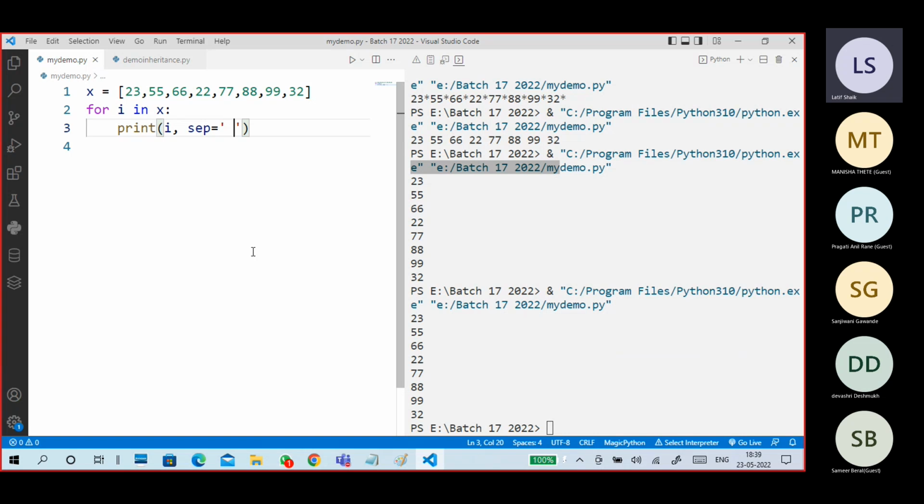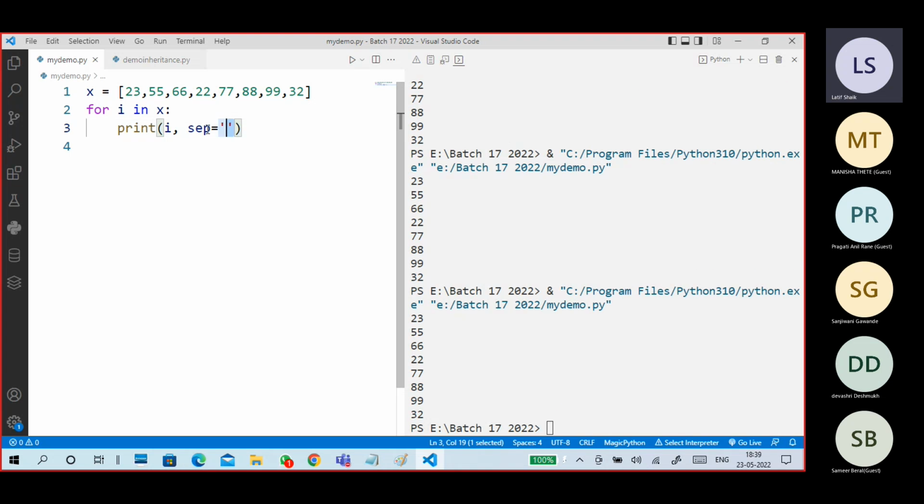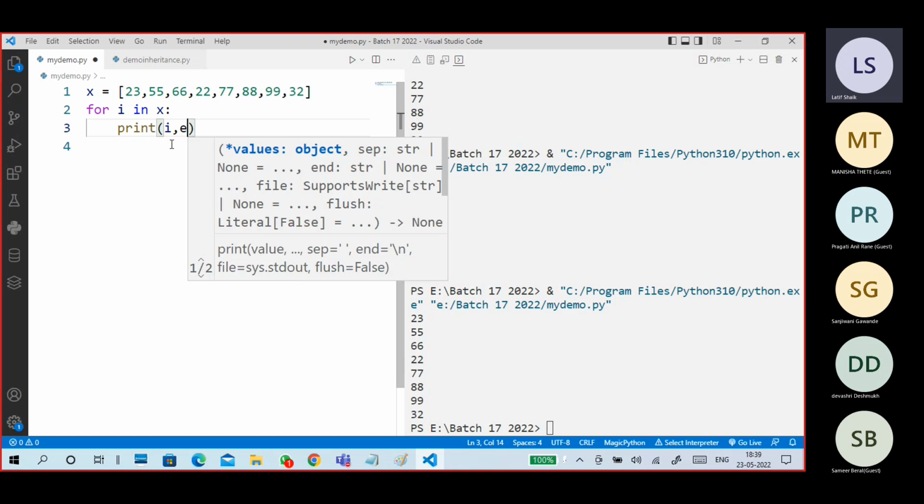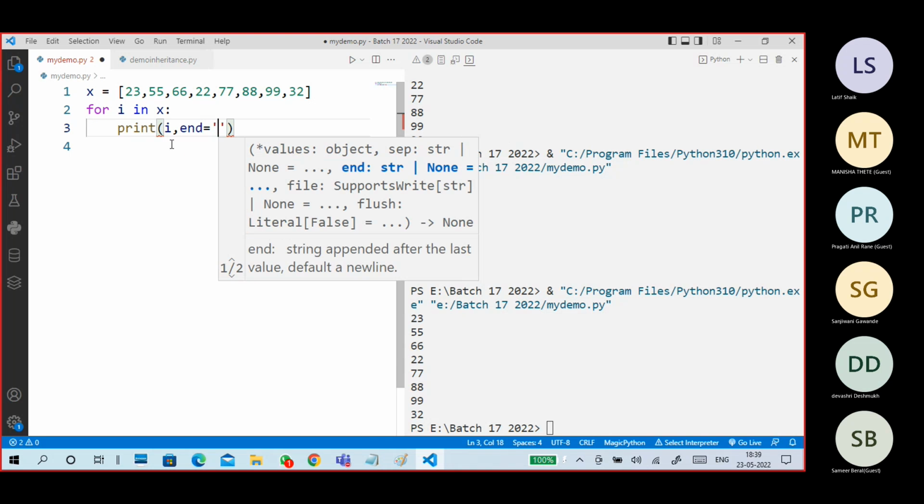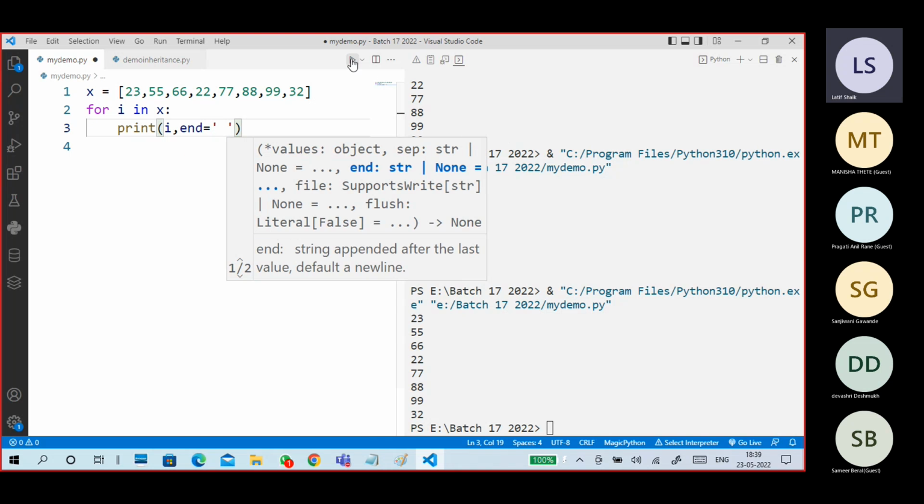This is printing straight only, but we can print in a different manner also. There are formats, so how to print in different formats, that we can do. Why is my sep not working? It depends upon our data also.